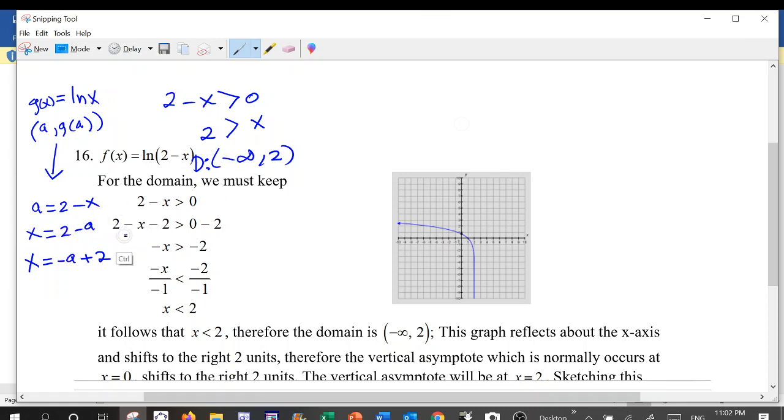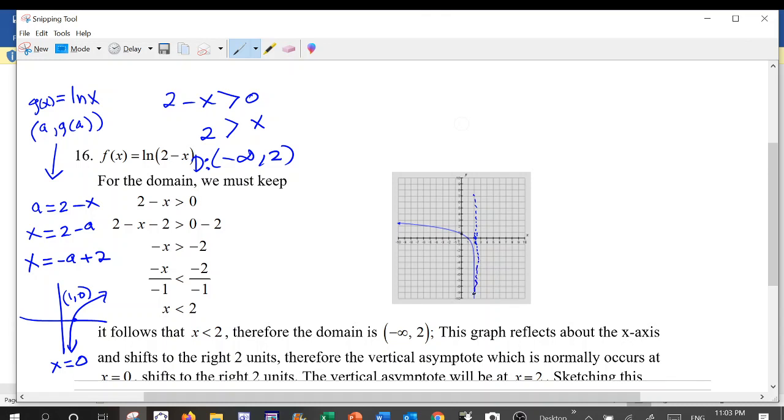So the domain is that, and now let's graph ln x again. Ln x looks like this, and it goes through (1, 0), and the vertical asymptote is x equal to 0. So x equal to 0 goes to 2, right? So you see the vertical asymptote here is at 2 if you look at the graph.